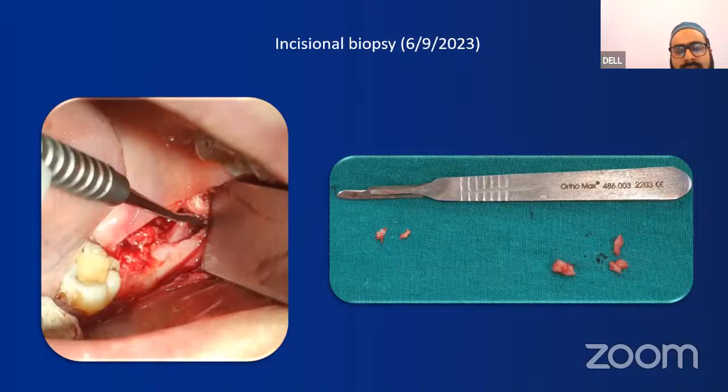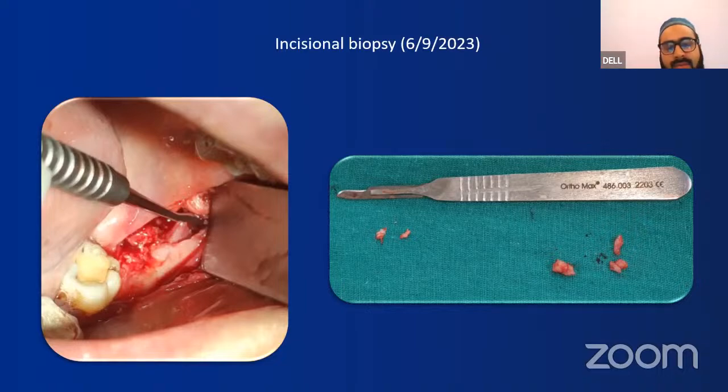On the incisional biopsy, the strange thing we found was that while removing it, the consistency of the tissue was very hard, like frozen ice cream, as has been described in the literature for the desmoplastic type.